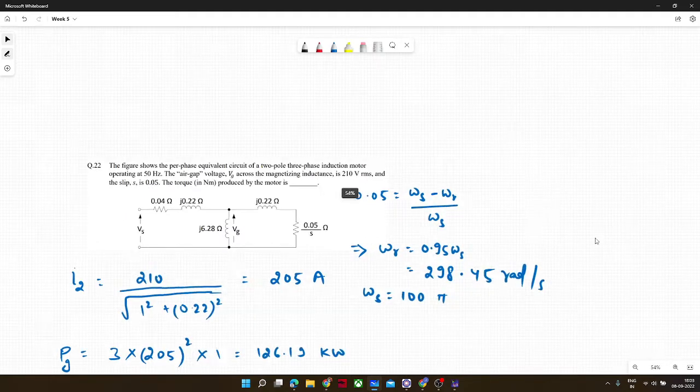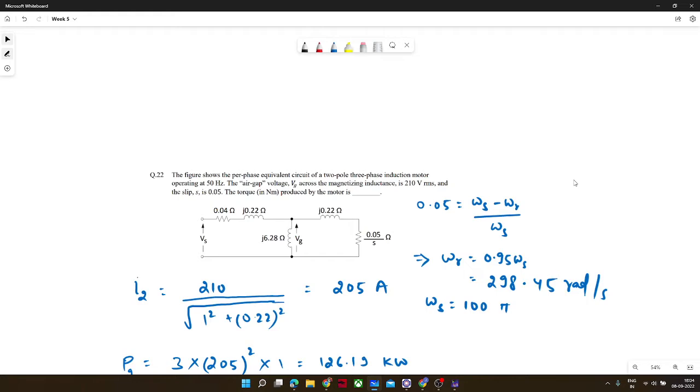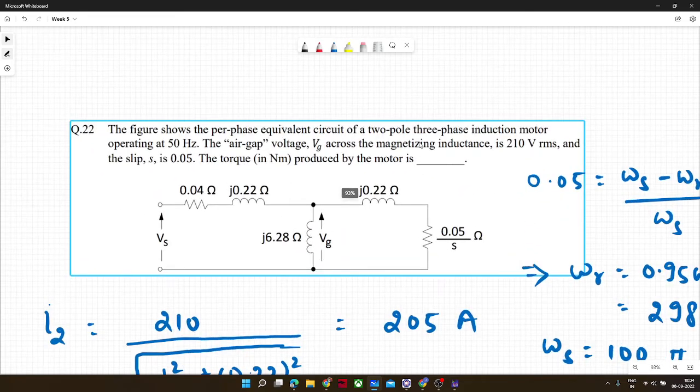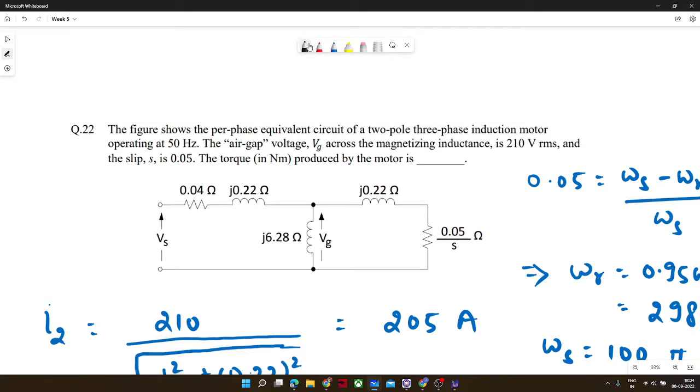This was the question which appeared in 2016 for 1 mark. Here we have to calculate the torque produced by the motor, and this equivalent circuit was given. This is a two-pole three-phase induction motor, and the air gap voltage is given as 210 volts.